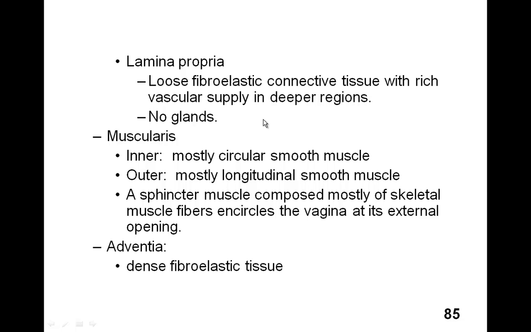There's an inner circularly oriented smooth muscle layer, an outer longitudinally oriented layer, and then a ring of skeletal muscle that functions as a sphincter at the external opening of the vagina. But two layers of smooth muscle. And then the adventitia, again, just dense fibroelastic connective tissue as we've encountered with other organs.